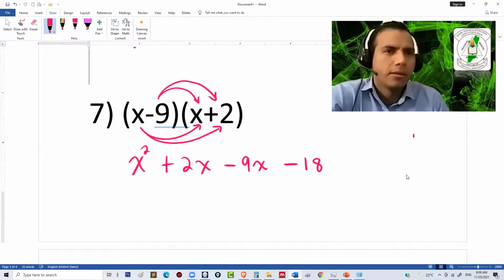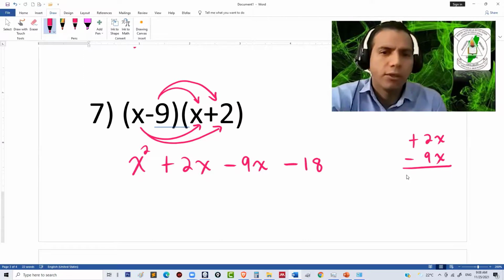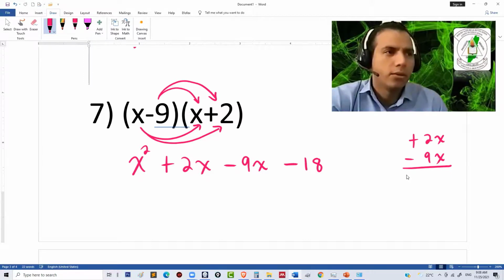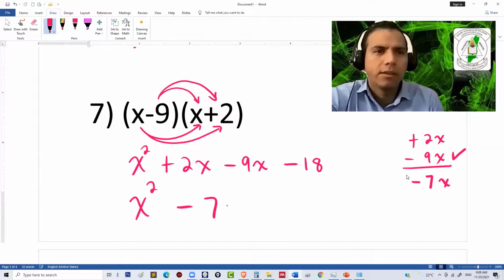Simplifying the middle terms, plus 2x minus 9x. Here signs are different. When signs are different, you subtract and you take the sign of the larger absolute value. So when we subtract, we get 7. We take the sign of the larger value. This one has a larger absolute value because 9 is bigger than 2. So the sign will be negative. x squared minus 7x minus 18 will be the result.